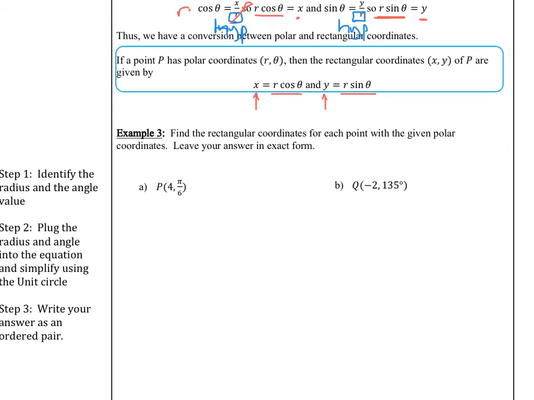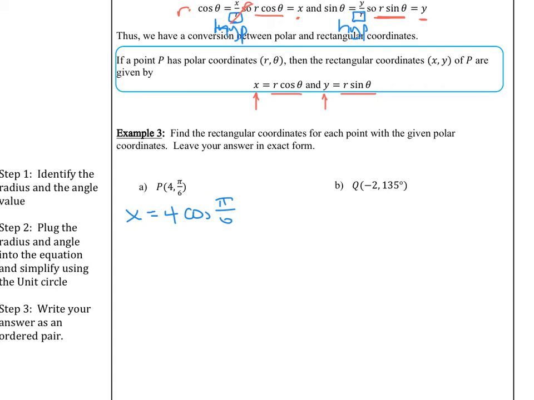Okay, so let's try some examples. On example A, I'm going to first find my x-coordinate. This is my polar coordinate I'm given: r is 4 and theta is pi over 6. To get my x-coordinate of my rectangular coordinates, I'm going to multiply my r times the cosine of pi over 6.